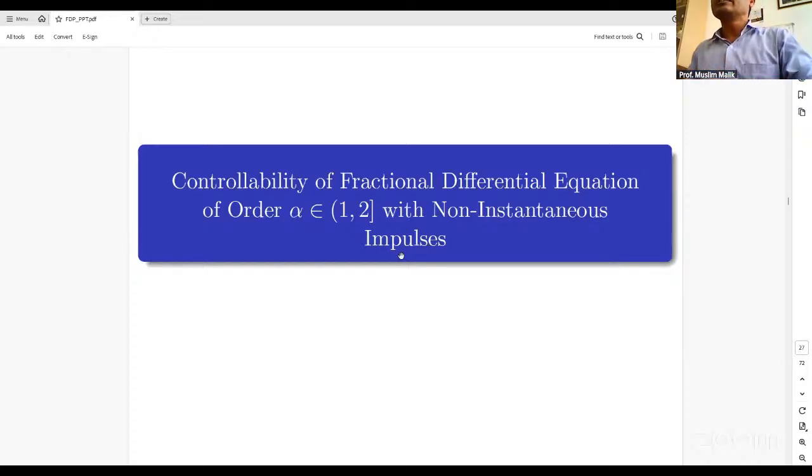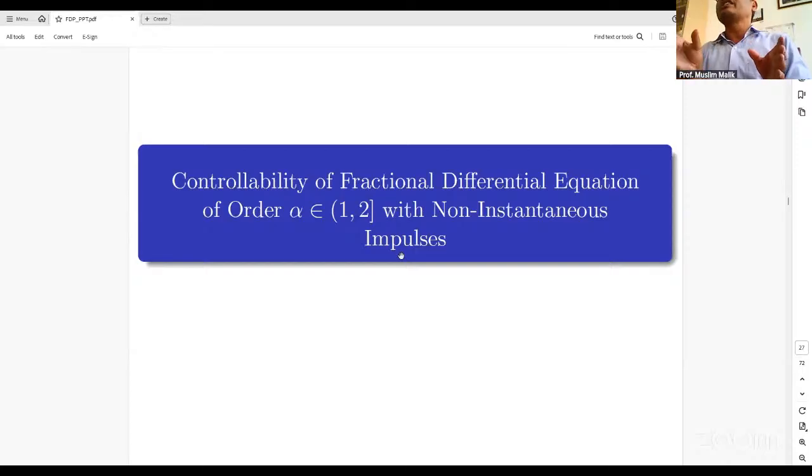And non-instantaneous impulses means the activity has a duration that is not negligible. For example, if anyone has a sugar problem, the doctor gives insulin to the patient, and it takes some time for the insulin to act.